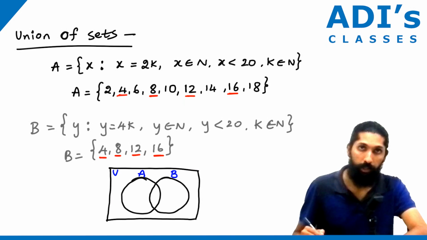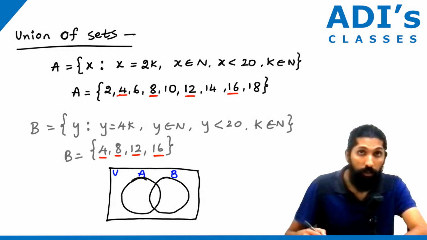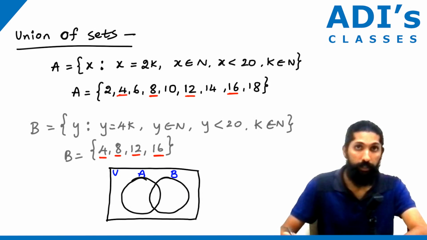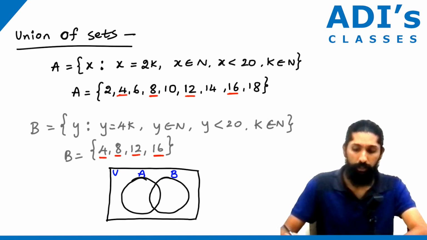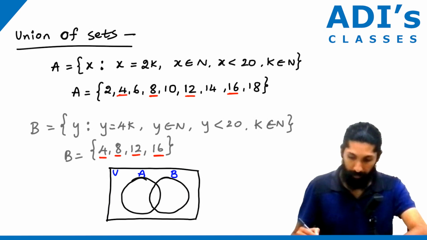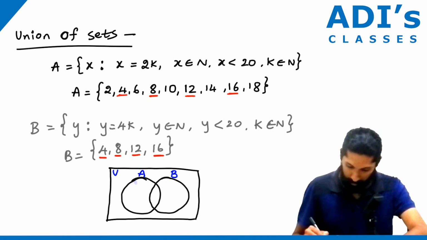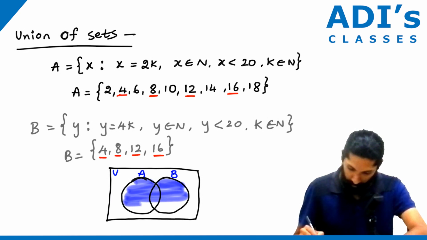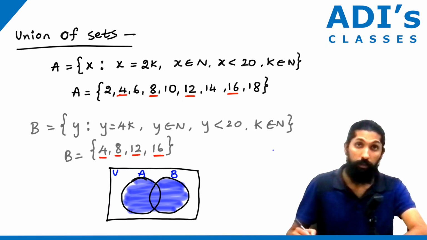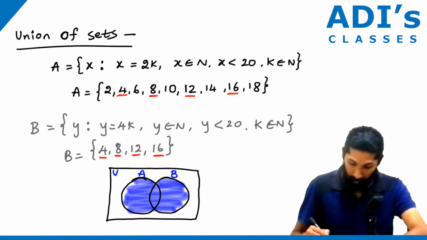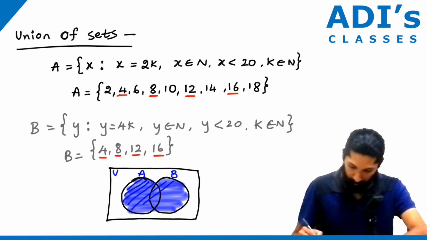Now, what we are looking at is the union of A and B, so we have to shade it. Remember, this entire part that we are shading is the union of the two sets.